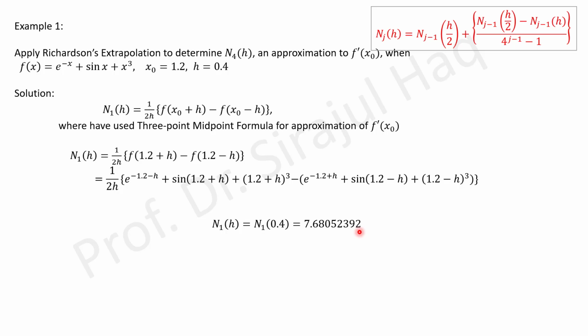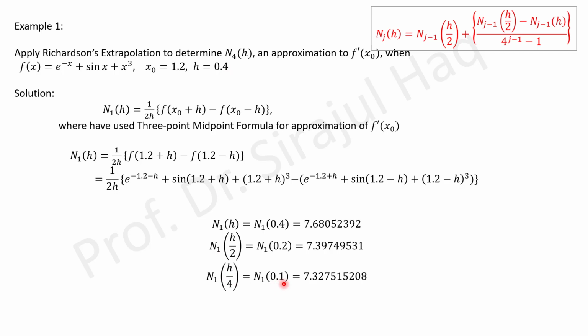I told you we need N1 of h divided by 2 also. So h divided by 2: h is 0.4, divided by 2 is 0.2. So replace h by 0.2 in this expression. You are getting N1 of 0.2, which is equal to N1 of h divided by 2. That's the value. Similarly, N1 of h divided by 4: h is 0.4, h divided by 4 will be 0.1.